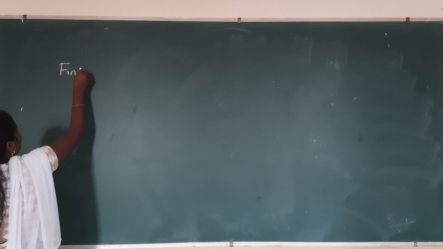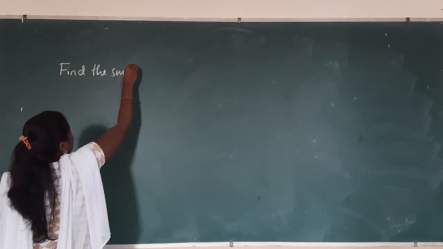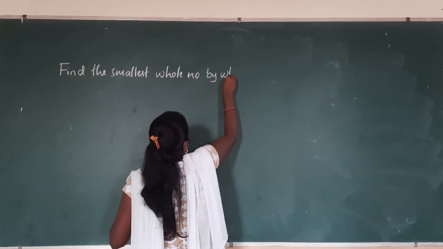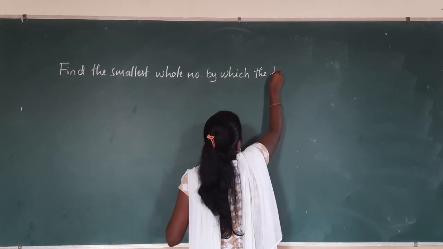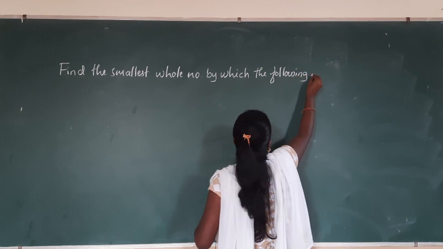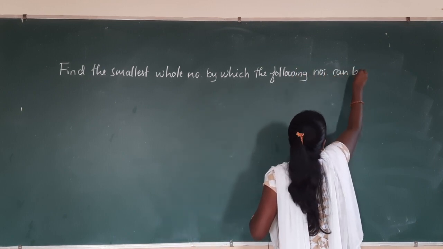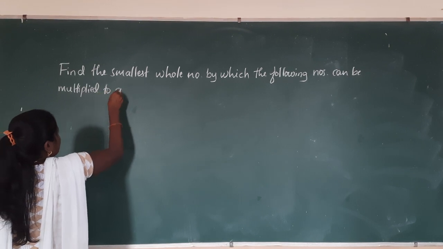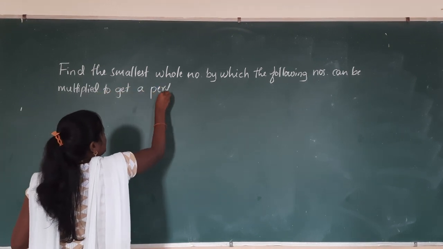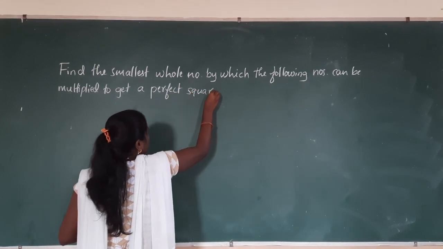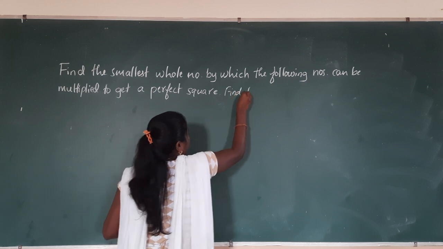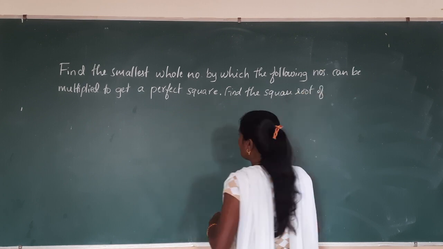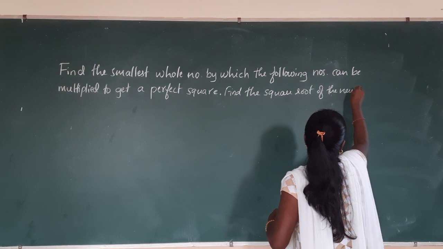Find the smallest whole number by which the following numbers can be multiplied to get a perfect square, and also find the square root of the new number.